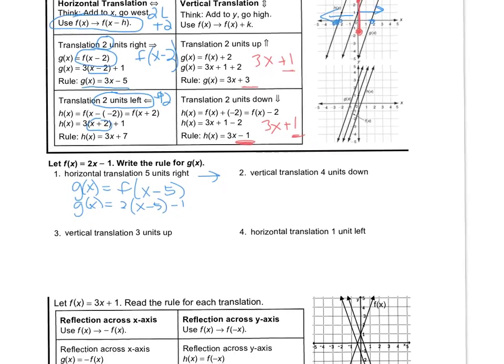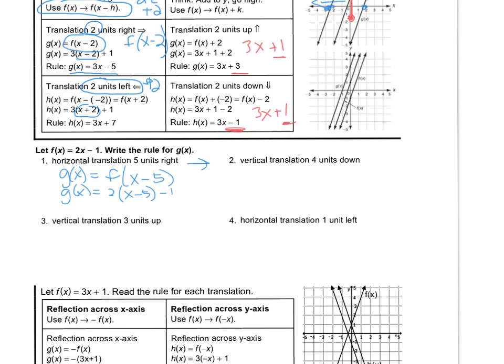So I'm going to be doing g of x equals 2x minus 10 minus 1. And so finally it's going to be g of x equals 2x minus 11. Okay, so that is a horizontal translation 5 units to the right.